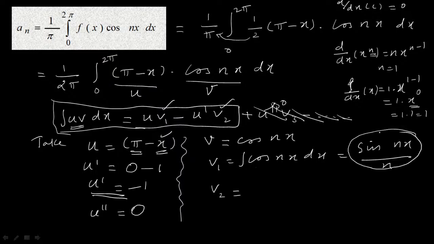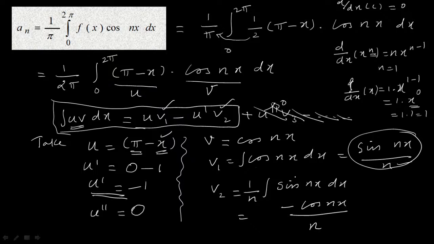again integrating V1. Your V1 is sin nx by n. Here 1 by n is a constant, so you take it outside of the integral: 1 by n integral sin nx dx. When you integrate sin nx, you get minus cos nx divided by n.